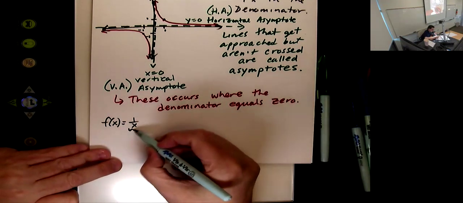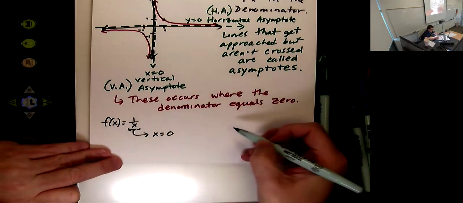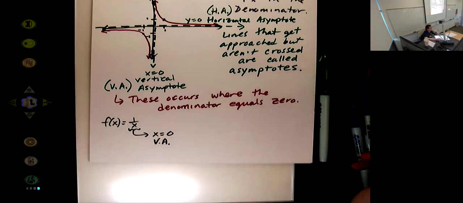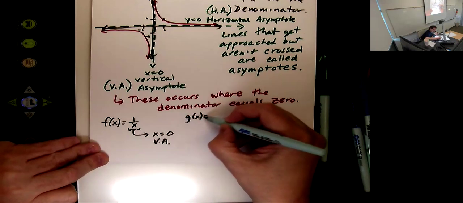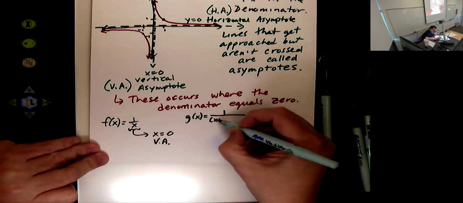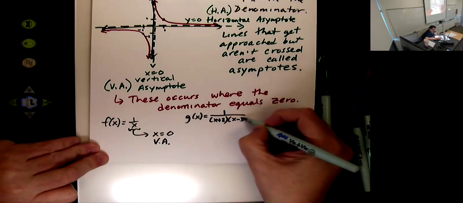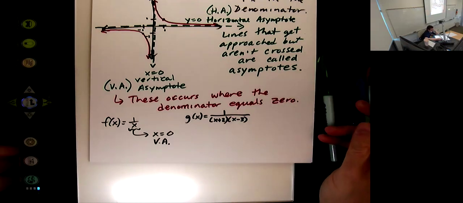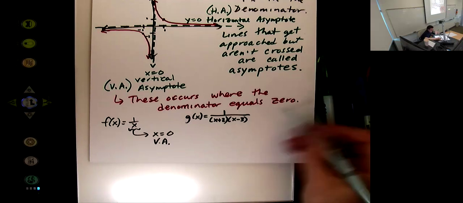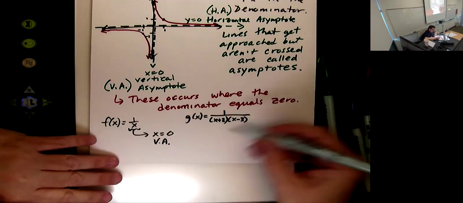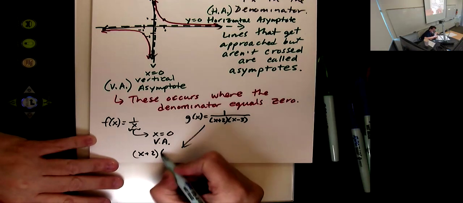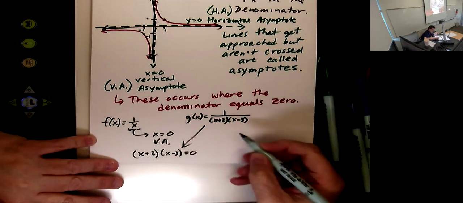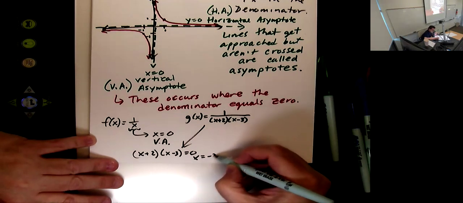I set the denominator equal to 0, and bam, that's my vertical asymptote. If I have another function here, g of x is 1 over (x plus 2)(x minus 3). I set that bottom equal to 0. I'll do it over here so I got room to graph it. And I get x equals -2 or 3.